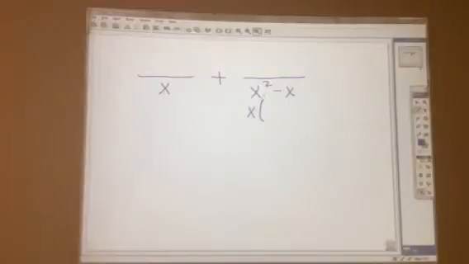So what will that leave me if I factor out an x from this binomial? It will leave me x minus 1. So my common denominator, I have to have an x in it, and I have to have an x minus 1. That right there is my common denominator.